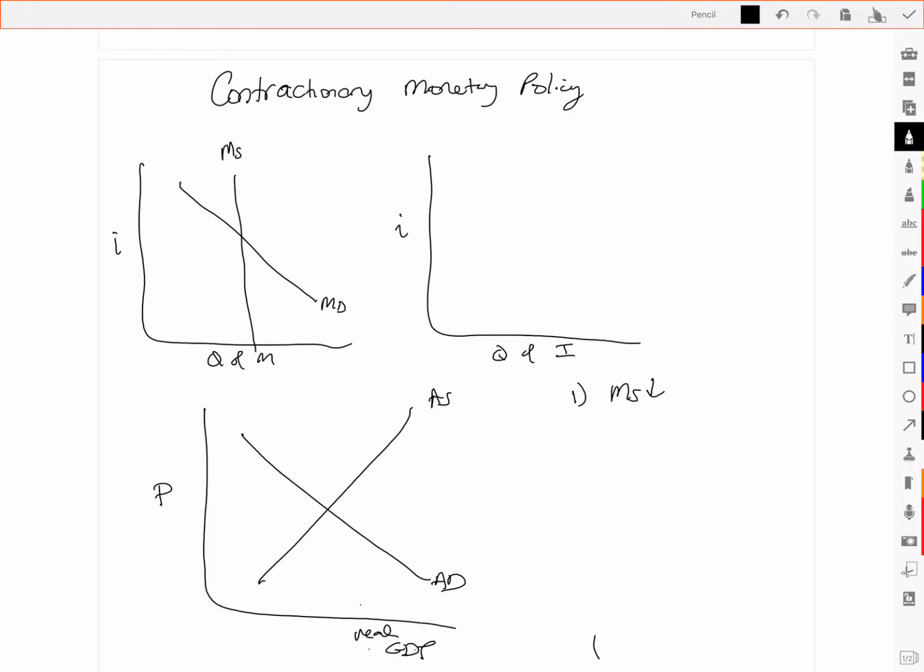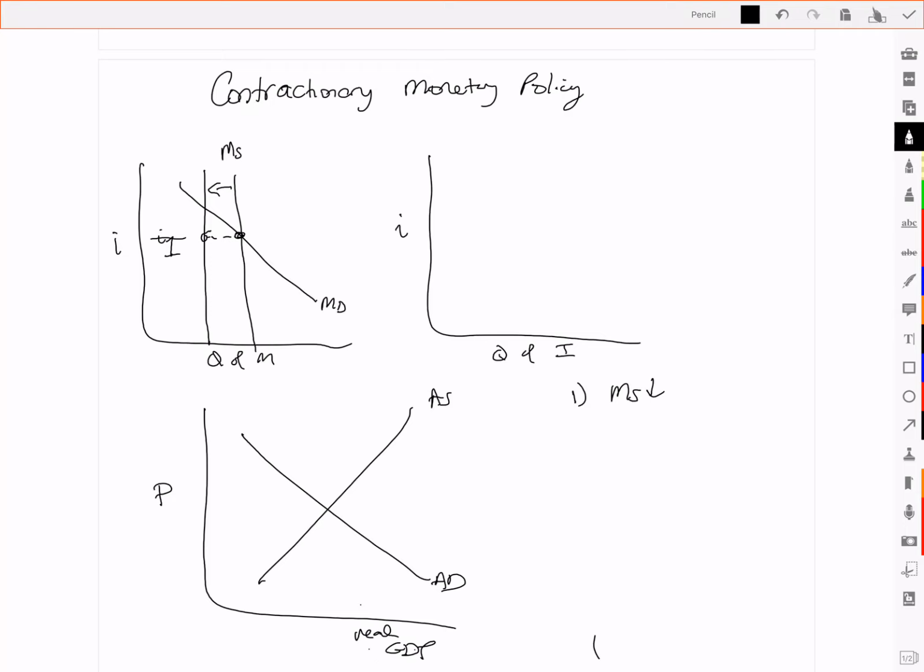So if we decrease the money supply, that's a shift to the left. And a decrease in money supply means that at the original interest rate, call it I1, we now have a shortage of money, because the quantity demanded is more than the quantity supplied.